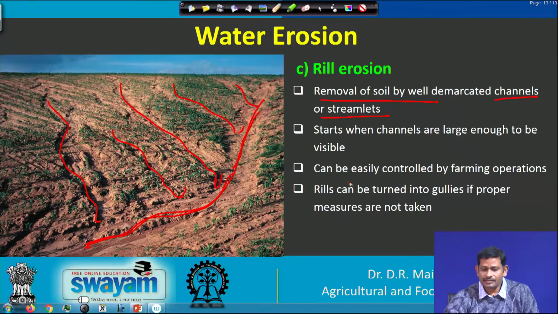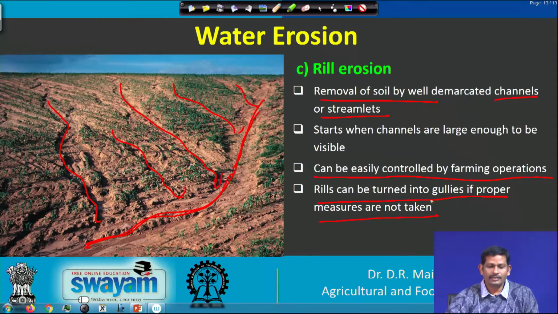It starts when the channels are large enough to be visible, and it can be easily controlled by farming operations. Once the rills are formed, they can be easily disturbed using farming operations like plowing, so that the rills can be leveled. Rills can be turned into gullies if proper measures are not taken.